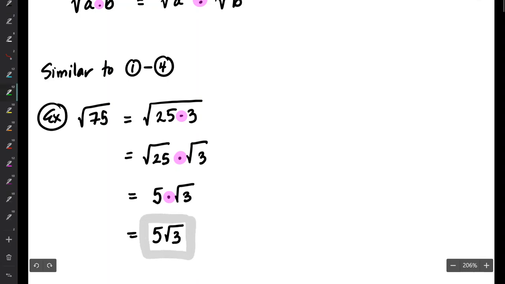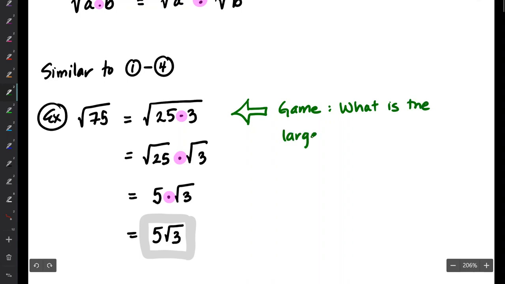So the game that you're trying to play here is you're asking yourself, what is the largest perfect square factor of 75? Let's write that down. The reason it's a perfect square is because we're taking square roots.